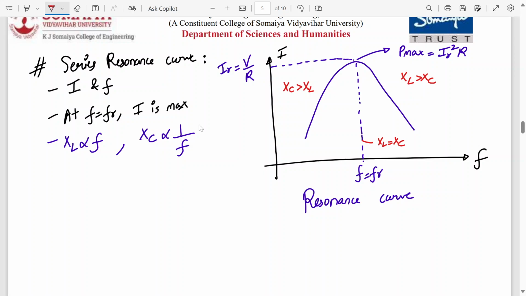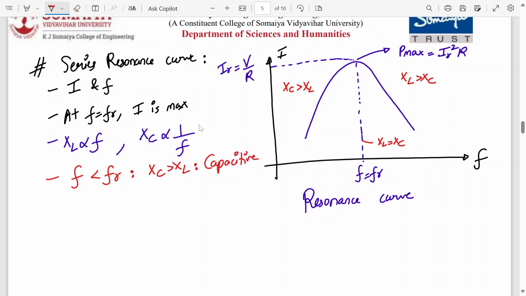If my frequency F is less than the resonant frequency, what is the nature of the circuit, capacitive or inductive? Capacitive, right?